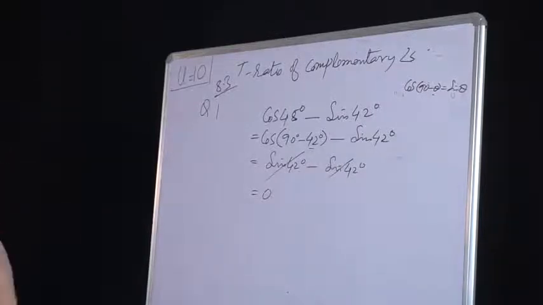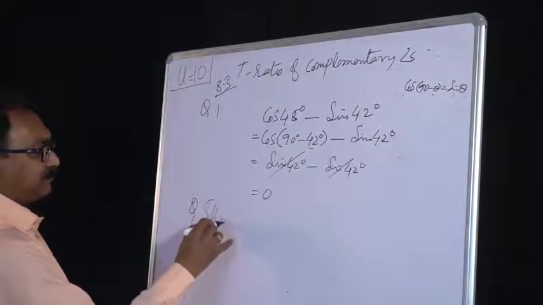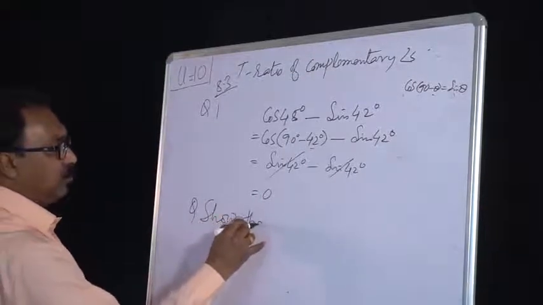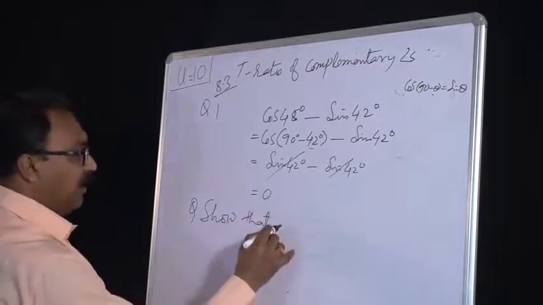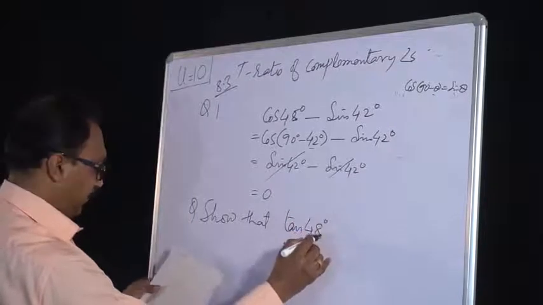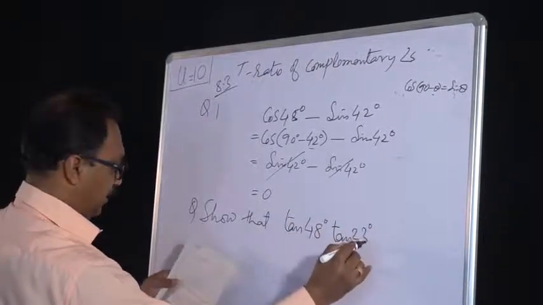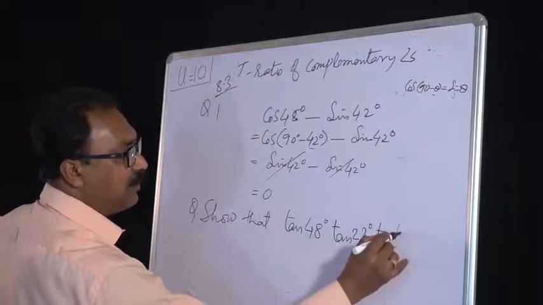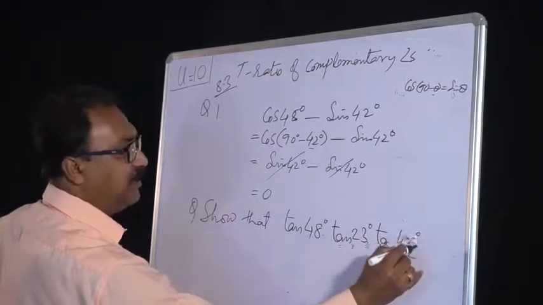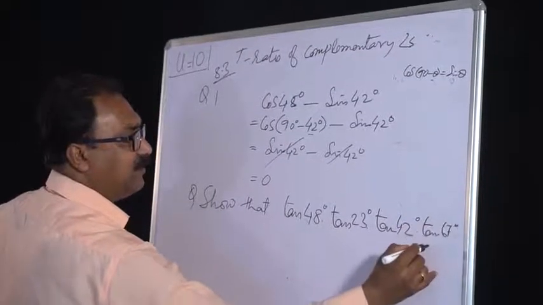Another type of question, I will show you. Show that tan 48 degrees into tan 23 degrees into tan 42 degrees into tan 67 degrees is equal to 1.